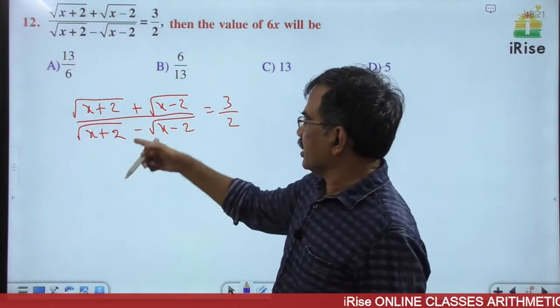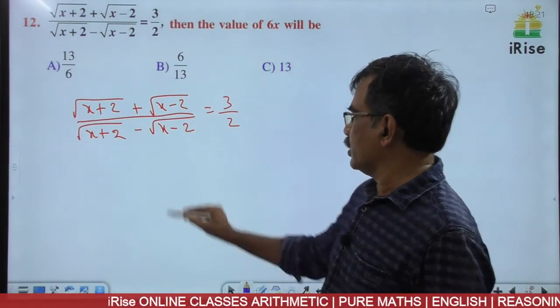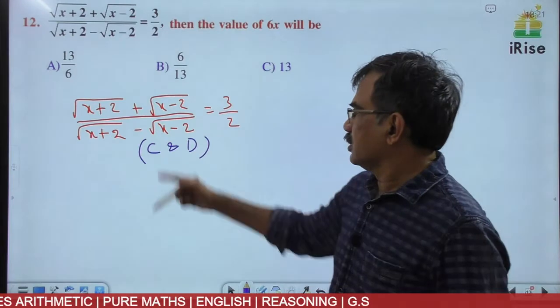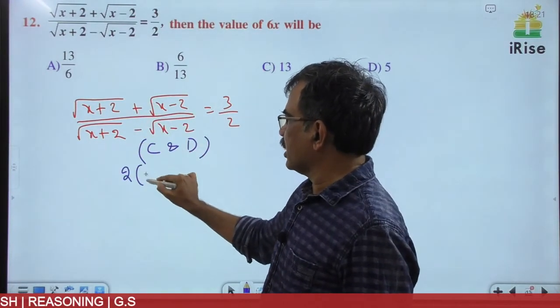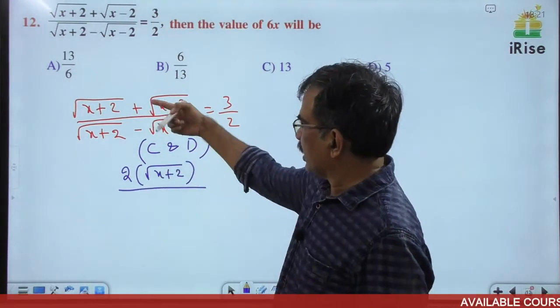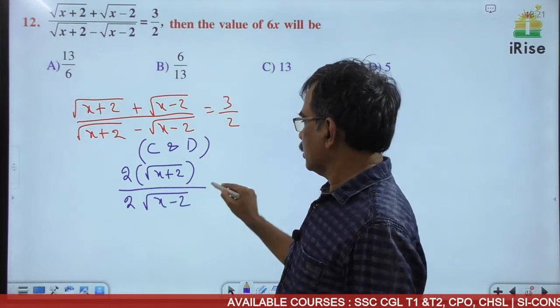This is a by b is equal to c by d model. Then apply componendo and dividendo rule. Numerator plus denominator, if you add these two, we get 2 times root of x plus 2, by numerator minus denominator, we get 2 root of x minus 2.